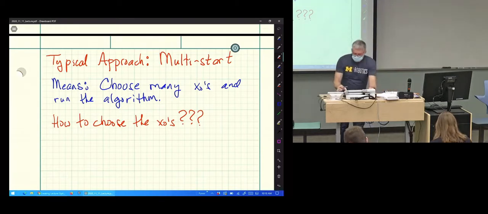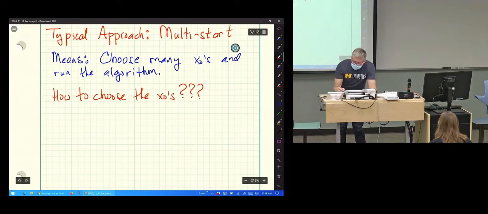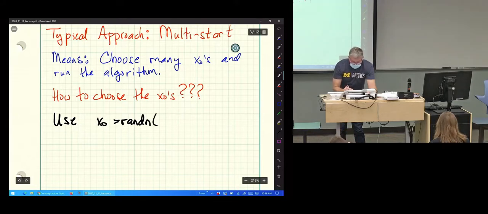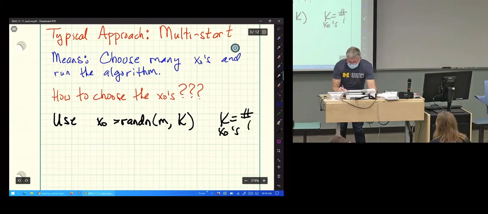Well, often people do random search, okay? So x0 is rand, and then you've got some length. How many rows x0 has, let's say m, and then you'll do k. So k equals the number of x zeros.